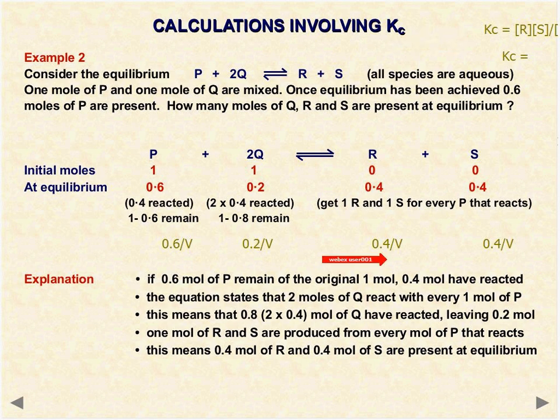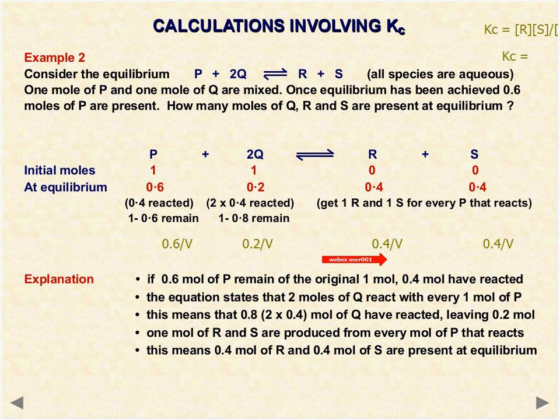From here, R is 0.4 upon V. I'll substitute the value of R here, that is 0.4 by V. This is getting multiplied by the value of S, that is 0.4 by V. This is one big expression, so I will keep it in one single set of braces, and then divide it completely by P. P is again raised to the power 1 only, so it is 0.6 by V, multiplied by 0.2 divided by V, but this has been raised to the power 2.